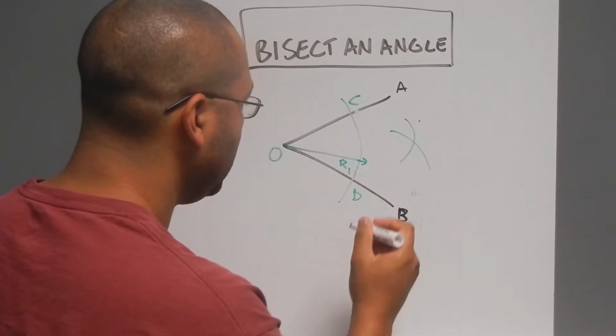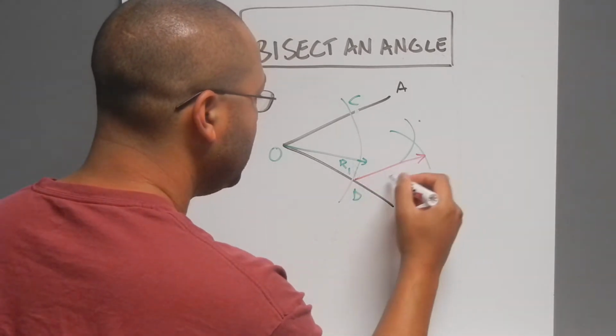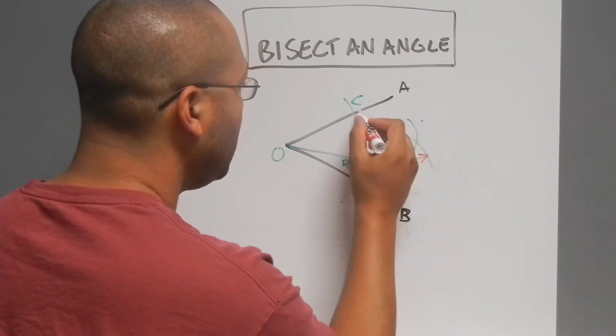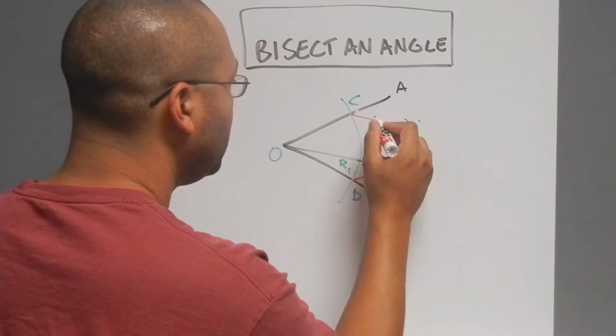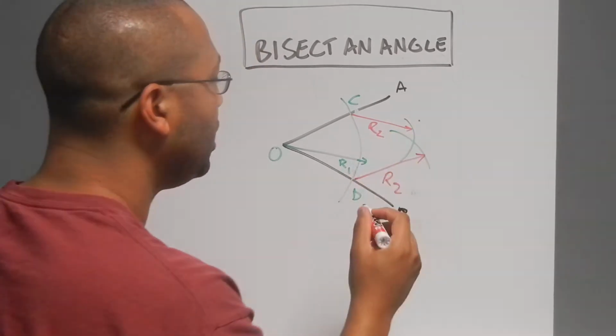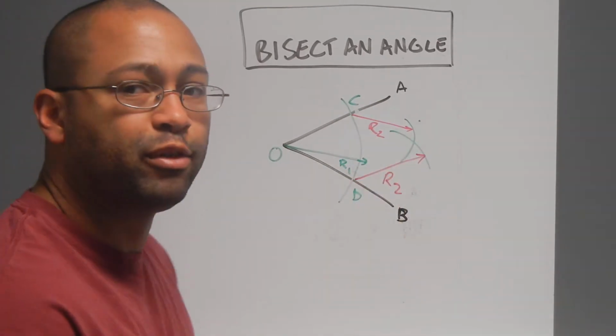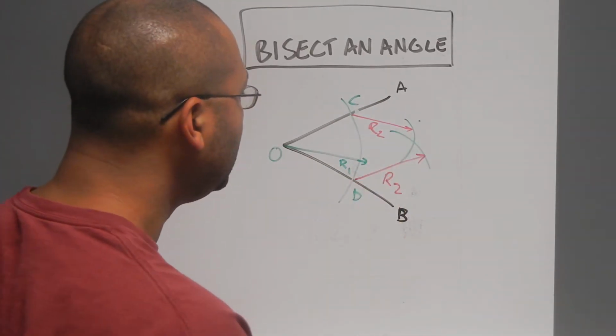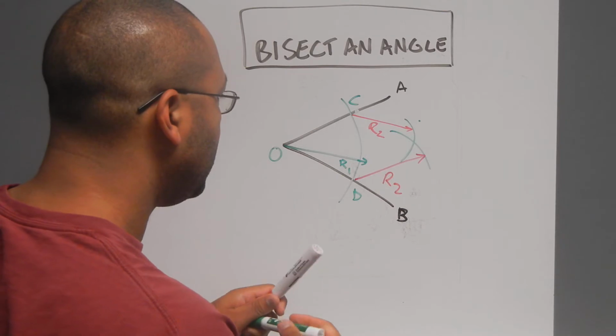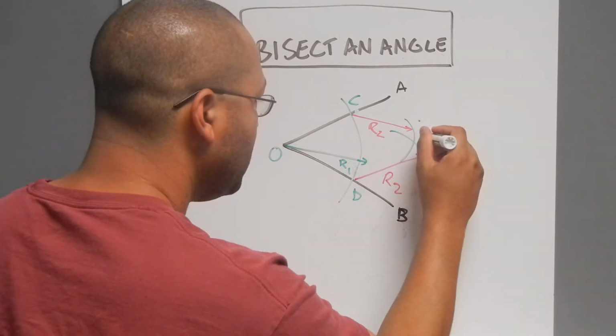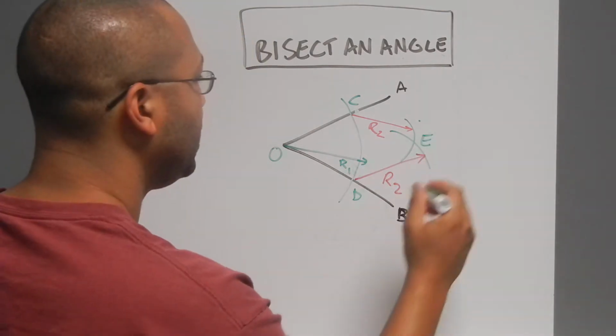So this radius right here is R2, along with this radius, it's R2. It's greater than half of CD. From that, I made this point right here, and we'll say this is E.